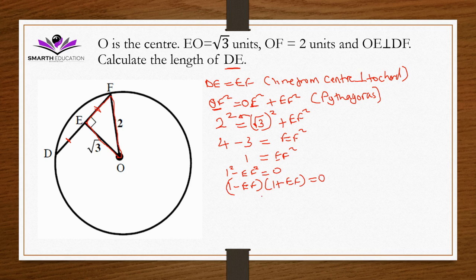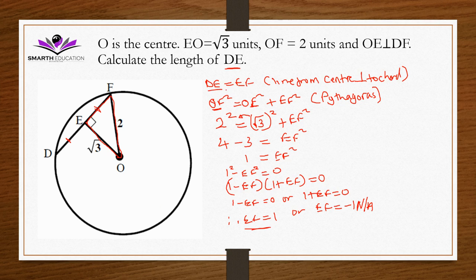I want to show you that you're getting the two answers here. 1 minus EF is equal to 0, or 1 plus EF is equal to 0. Therefore, EF is equal to 1, or EF is equal to negative 1. Then this is not applicable because we're talking about distance. So EF is 1.